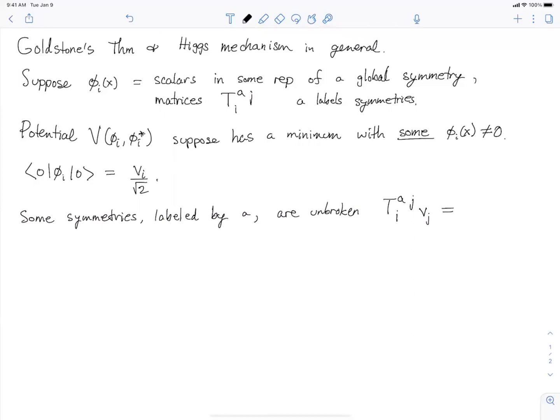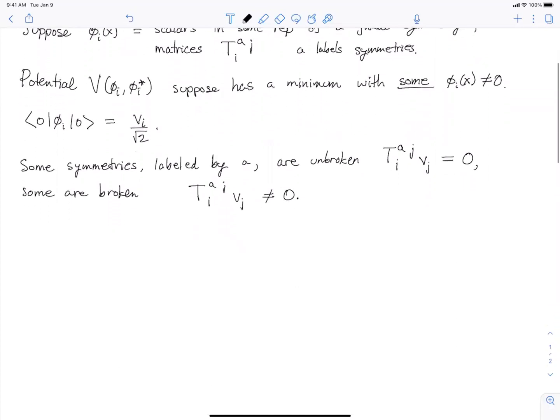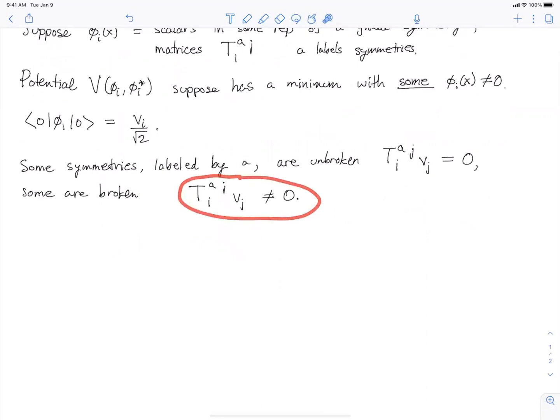If that's 0, then that's a way of saying that your vacuum expectation value does not transform under the symmetry, and therefore it's unbroken. And some are broken, which just means that if you act with the matrix T^a, that's not 0. Okay, so you have to know what the symmetry matrices are, and you have to know what the vacuum expectation values are. If this is true, then you call that a broken generator.